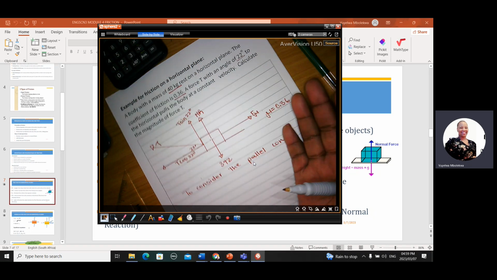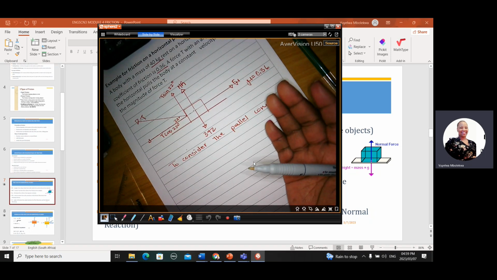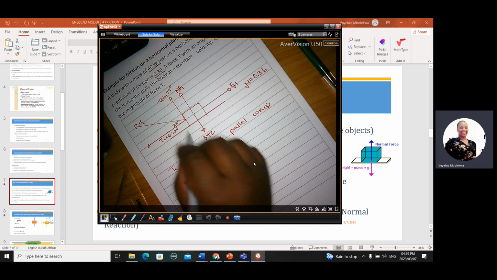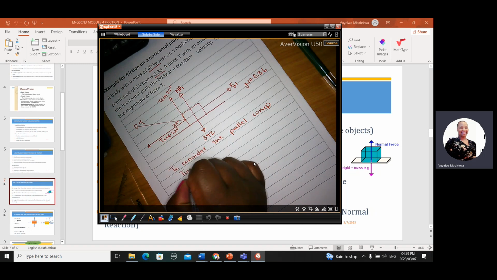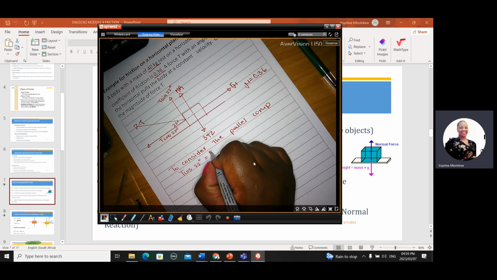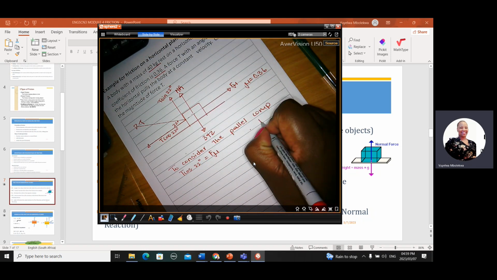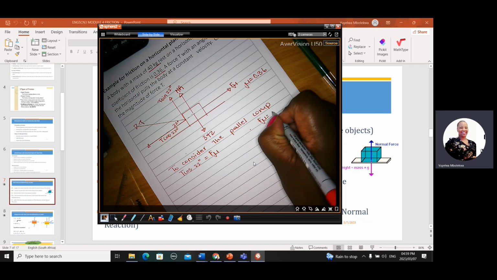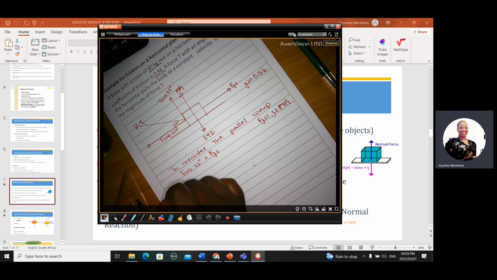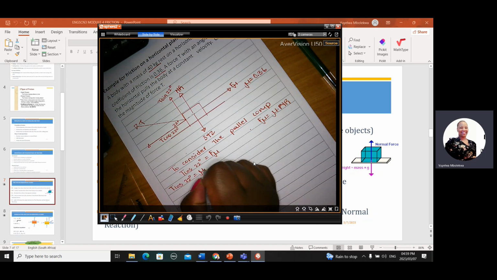Remember, there's no formula to calculate an applied force. You have to use the equilibrium laws to derive that formula. So this way we have T cos 22 equals, that way we have frictional force. But remember, frictional force equals coefficient times normal reaction. Therefore, T cos 22 equals coefficient times normal reaction.